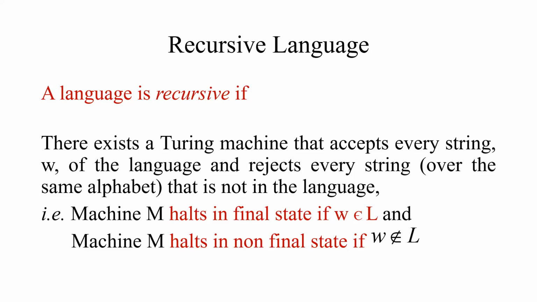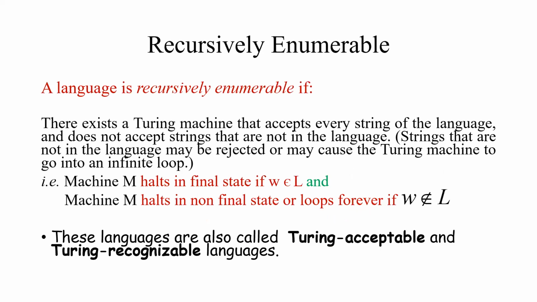Now comes the second type of language, which is recursively enumerable language. That means in this case, we have 2 conditions. A language is recursively enumerable if there exists a Turing machine that accepts every string in the language and does not accept those that are not in the language, but it may cause the Turing machine to go into an infinite loop.